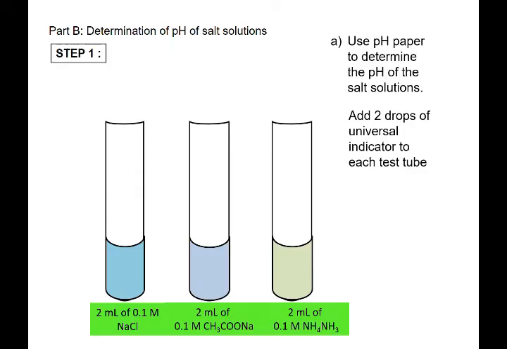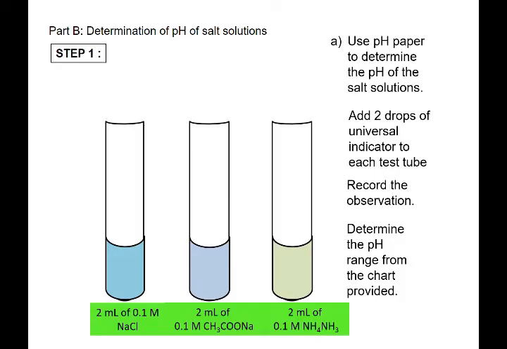Add 2 drops of universal indicator to each test tube. Record the observation and determine the pH range from the chart provided.